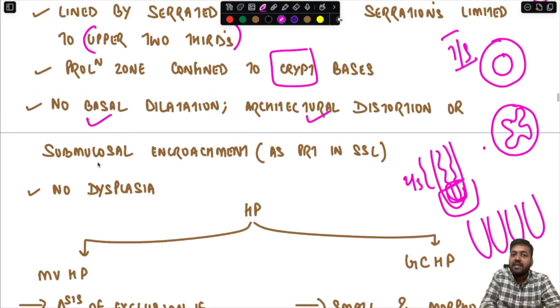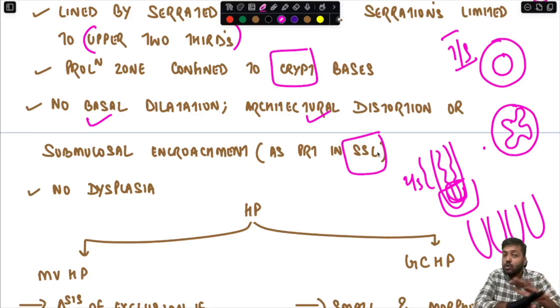Why am I saying that these things are not there? Because these things are present in SSLs, and that is going to help us differentiate hyperplastic polyps from SSL. So remember, in hyperplastic polyps there is no basal dilatation, no architectural distortion, and no submucosal encroachment, whereas all these features are present in SSLs.